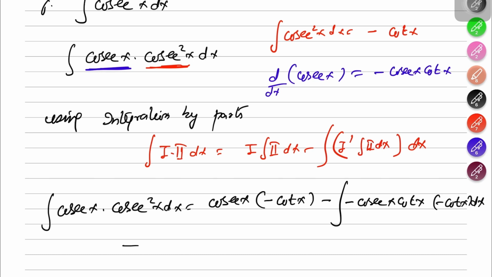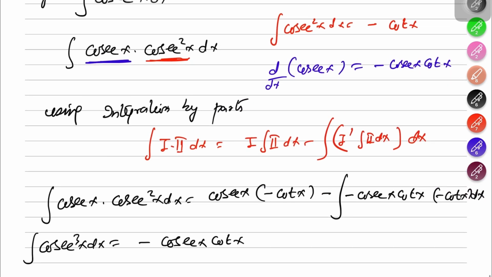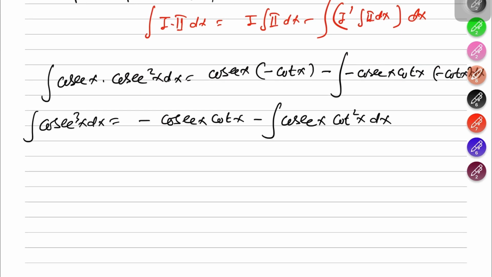Let me write this part again. So cosec cube x dx is equal to minus cosec x cot x, and this overall minus becomes plus, so that becomes the integral of cosec x cot square x dx. This we obtain.